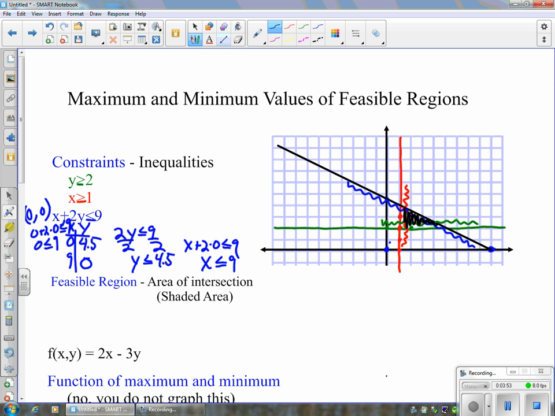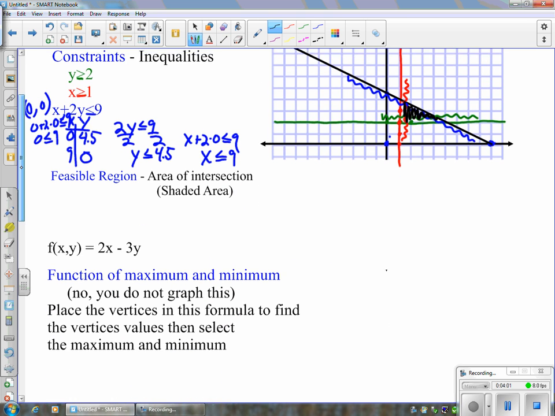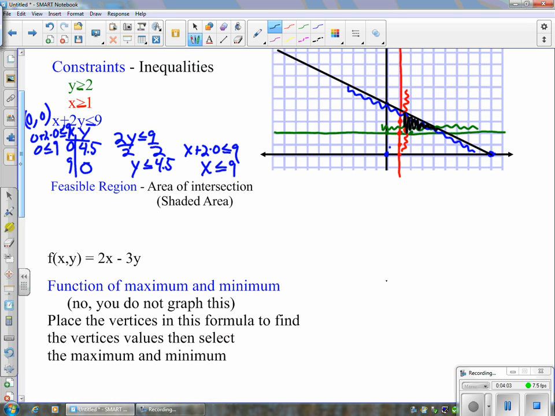Now, to talk about maximum and minimum values of the feasible regions, we need a function of maximum and minimum values. In your problems, they're going to give you 3 graphable equations, which we graphed already.